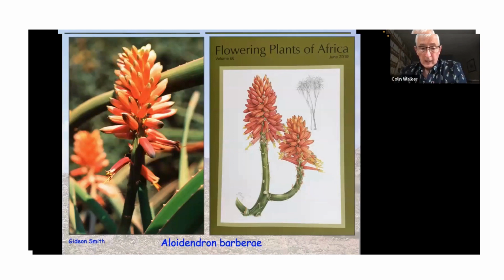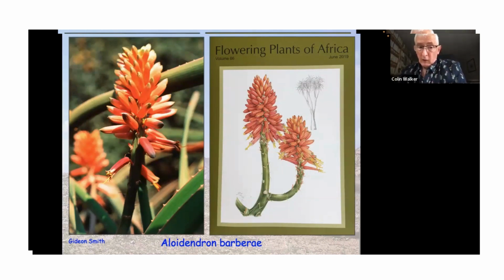On the right here is the cover of Flowering Plants of Africa, you've seen already. And on the left, it's a photograph of the inflorescence, these rosy pink flowers, characteristic of Aloe barberae. Notice that the inflorescence on the right is also dichotomously branched.